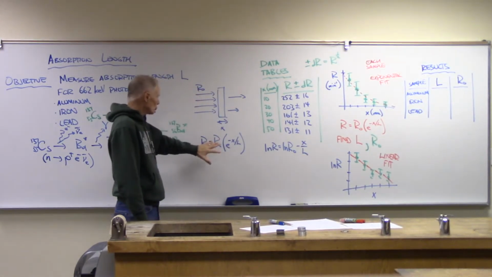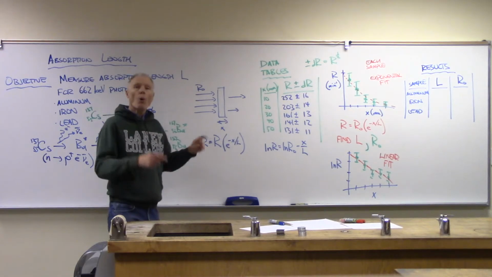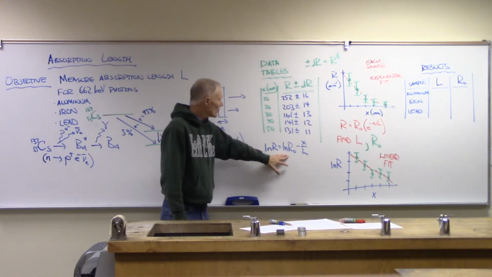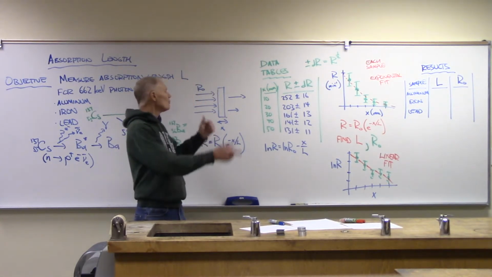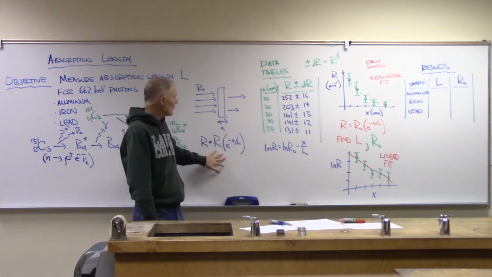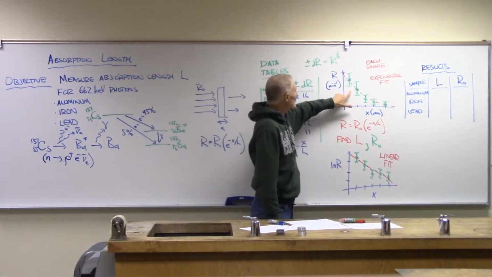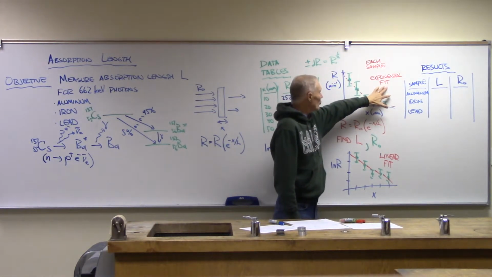Now, we can work directly in terms of the exponential formula, or as an alternative, we can work in terms of natural logs. The advantage of working in the exponentials is you can actually see the numbers, and in the graphs, you can see this exponential drop-off, and you can do an exponential fit.